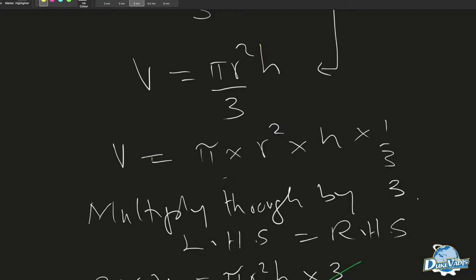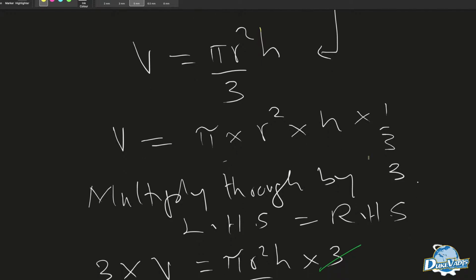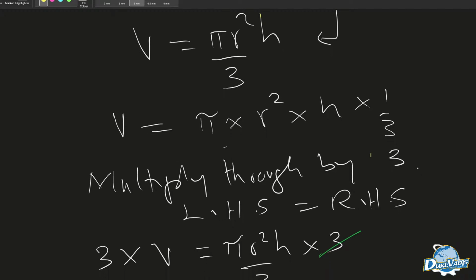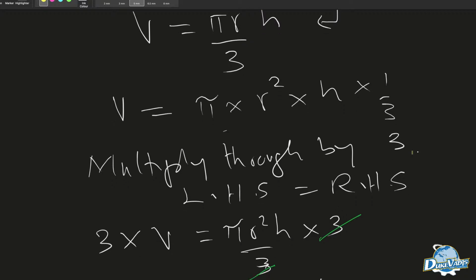The interpretation of this equation means v is equal to pi times r squared times h times 1/3. So, 1/3 over here is our issue. We choose to multiply through by 3 just to eliminate the fraction. Bear in mind that in an equation, what you do to the left hand side, you do to the right.